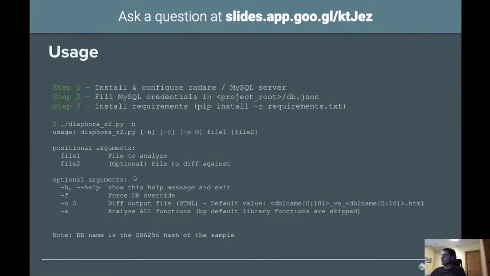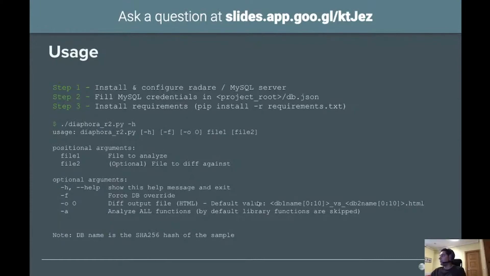Then if you provide two files and the comparison is performed, the default output will be an HTML file. The original Diaphora shows you the results in IDA directly in a window. Of course, we don't have that here, so this is what I did to visualize the results.